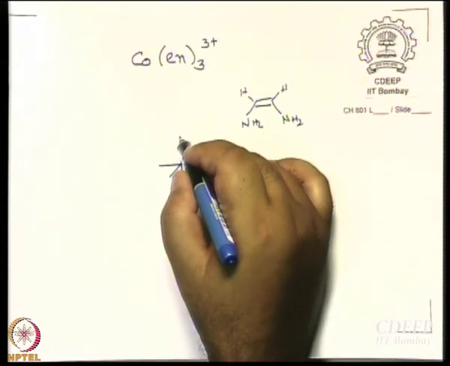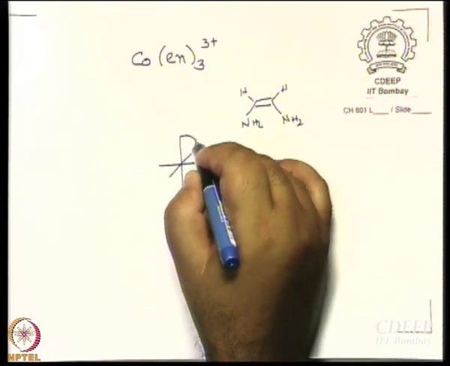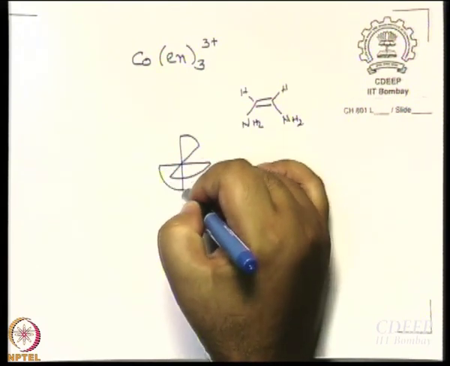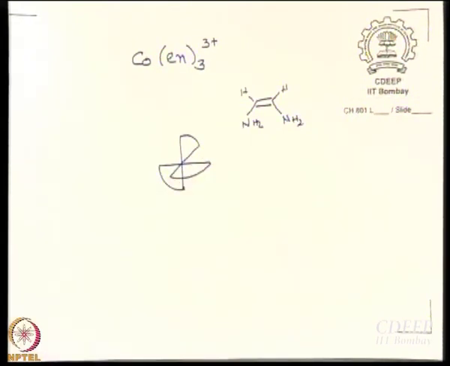So, what I could do is I could just draw like this 1, 2, 3. They look like 3 blades of a rotor. Okay, this is a very typical molecule that people like to work out the symmetry point group of. This ethylene diamine cobalt 3.